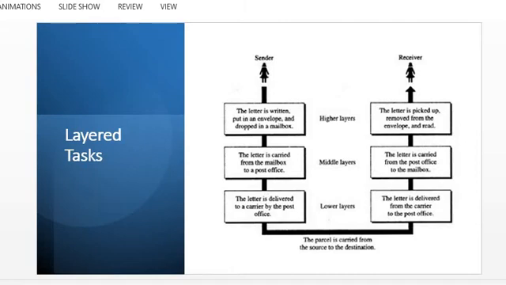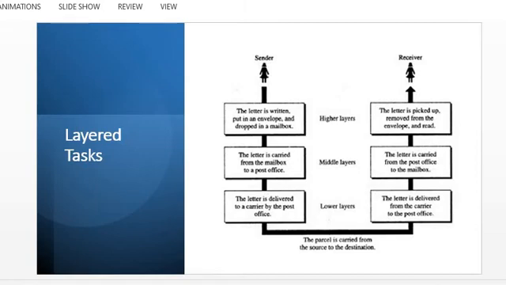For example, if we simplify so that we match similar processes, you realize that at the lower layer, the letter is sorted by the post office and put on a carrier to transport the letter. And this process is similar on both ends. At one end, the letter is being transported to the receiver. And if we look at the same process from the other end, the transporter is carrying the letter from the post office to the receiver.